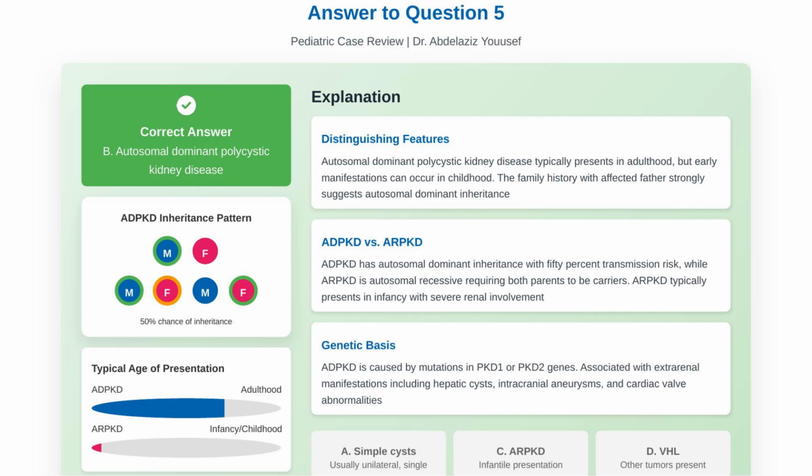Simple renal cysts are usually unilateral and single, not multiple and bilateral. Von Hippel-Lindau disease is associated with other tumors, including hemangioblastomas and pheochromocytomas. ADPKD is caused by mutations in PKD1 or PKD2 genes and can be associated with extrarenal manifestations including hepatic cysts, intracranial aneurysms, and cardiac valve abnormalities.